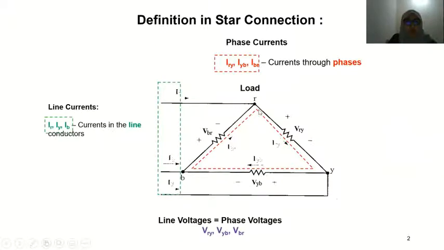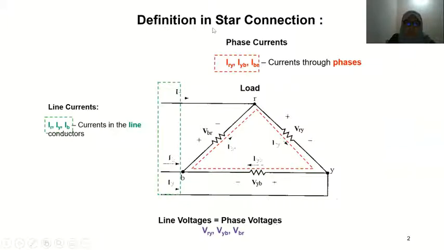The line currents IR, IY, and IB are in the green dashed box here, while the phase currents are defined in the red dashed boxes here, the current through your phases.